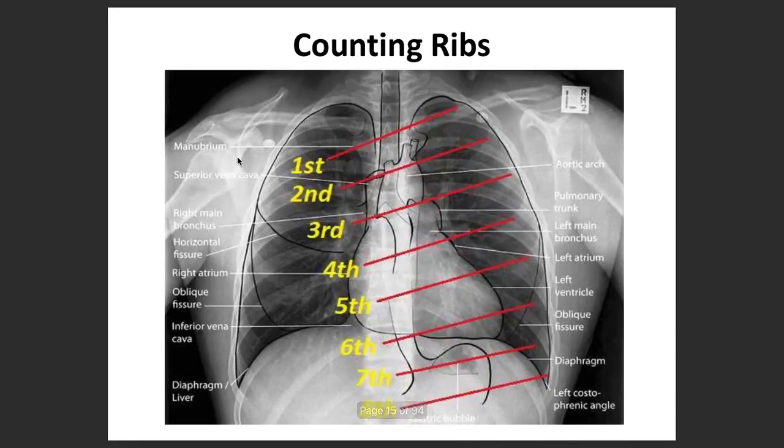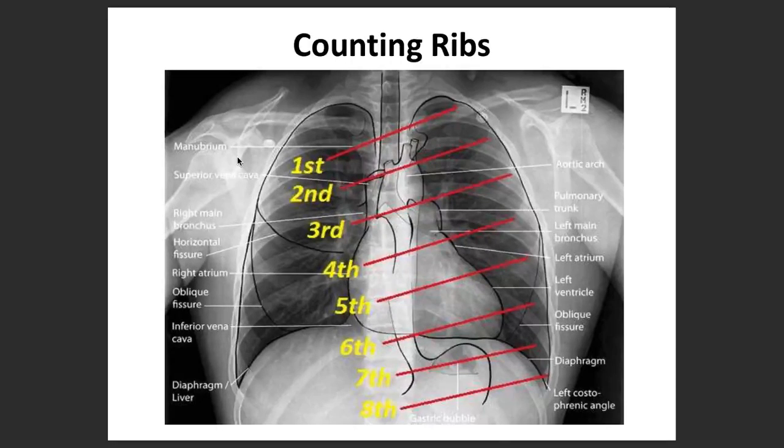As I was telling you about the counting of the ribs, counting of the ribs is important for what parameter? If you all can remember, why is the counting of ribs important? As I had said, it tells you if it is a good inspiration film or not.